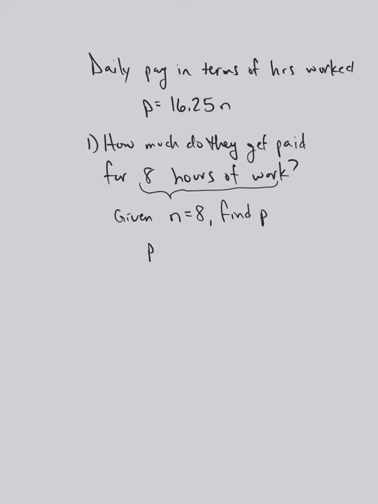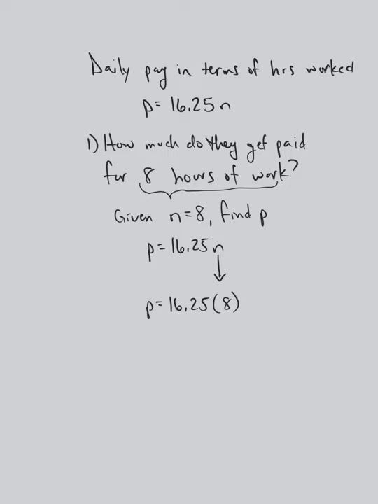Like that. And so you just start with your equation, P = 16.25n, and we're saying n is equal to 8, so that means I would fill that in right there. And so I get 16.25, and then remember, try to fill things in parentheses. And the nice thing about that is, too, is now you can use your calculator. Just type it in just like it's written. If you type in those parentheses next to the 16.25, it'll know to multiply those.